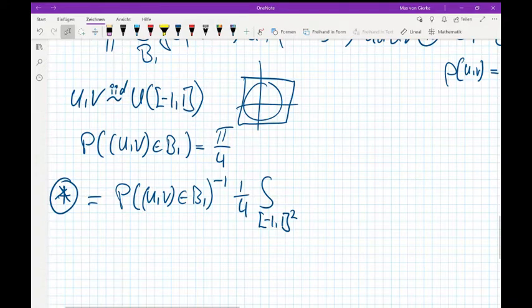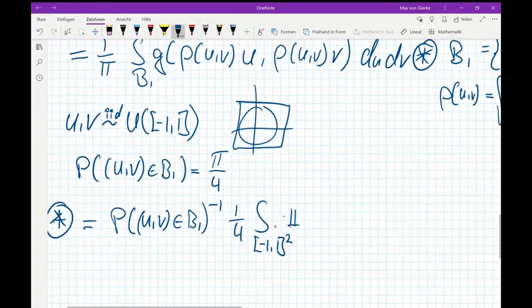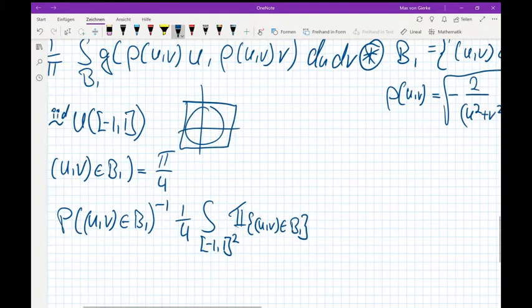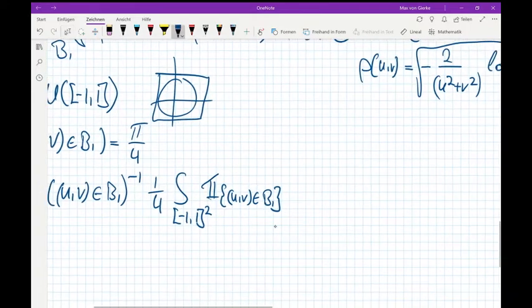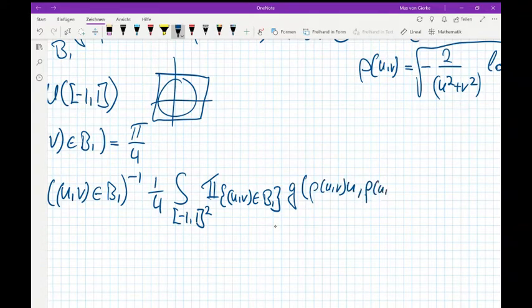Of course, we have to restrict ourselves still to the unit ball, which we do here. Here we have lowercase letters again, because now we're inside the integral. g of rho uv times u, rho uv times v, du dv. Okay.